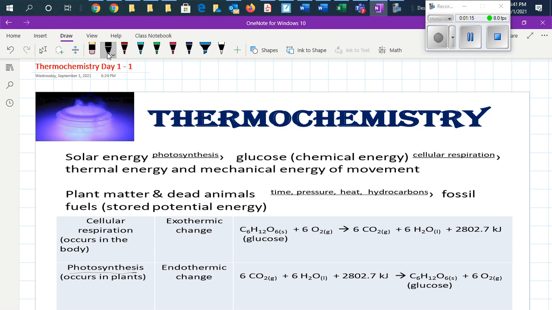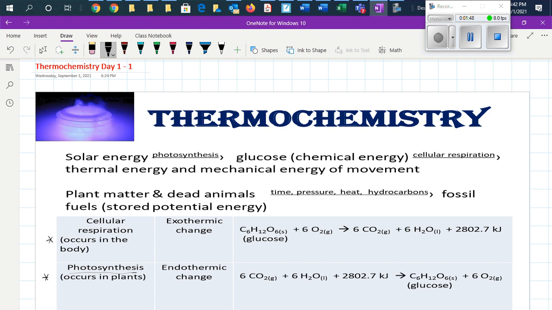Through photosynthesis, energy is absorbed from the sun, and in cellular respiration, energy is released into the environment.